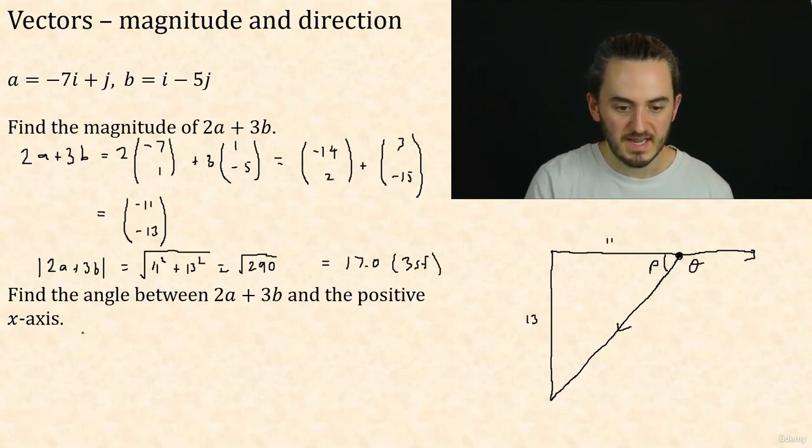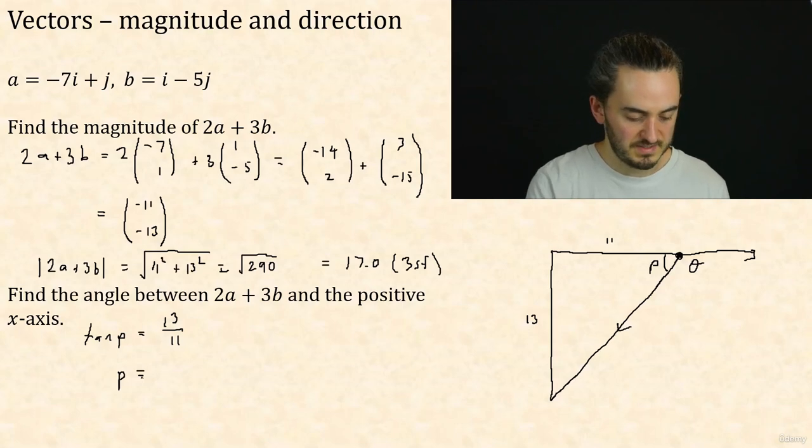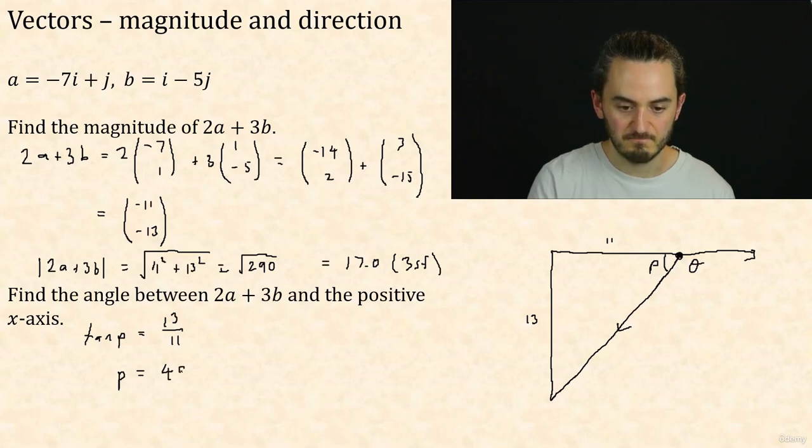Now I know that tan P is opposite over adjacent, so that's 13 over 11. And that means that P is the inverse tan of that. So inverse tan of 13 divided by 11 is 49.8.